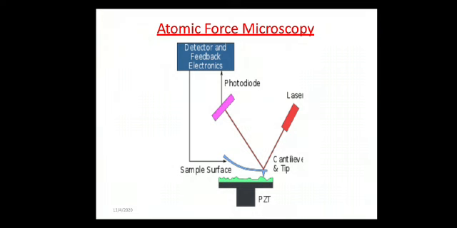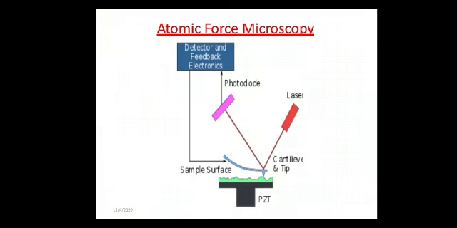Next is tapping mode: a stiff cantilever is brought within close proximity of the surface during oscillations, and part of the time the tip intermittently touches or taps the surface.